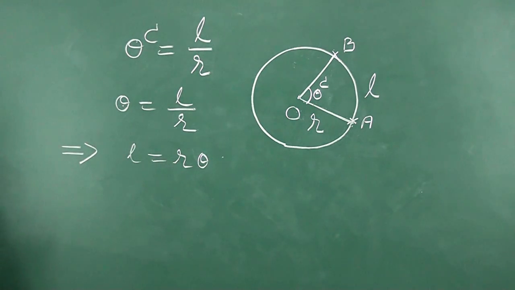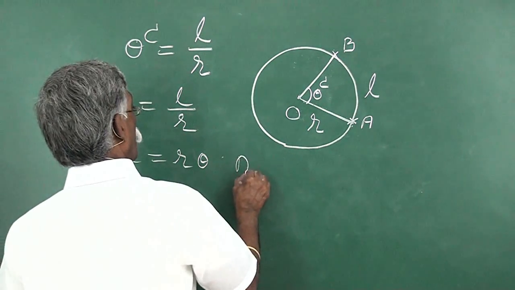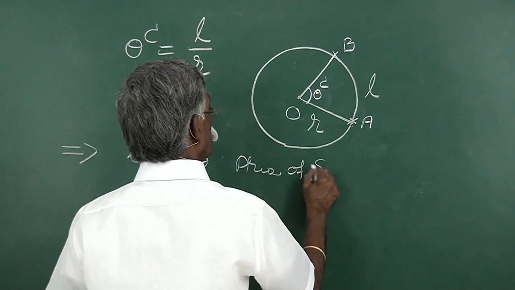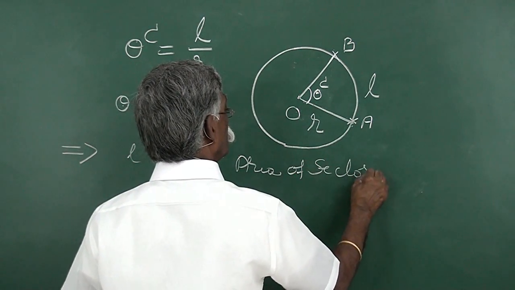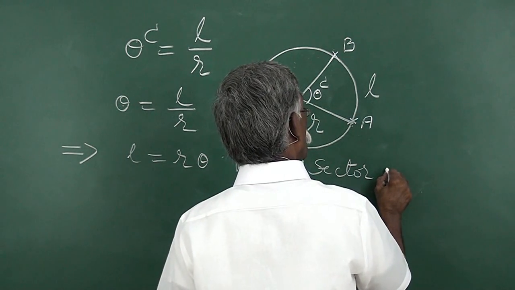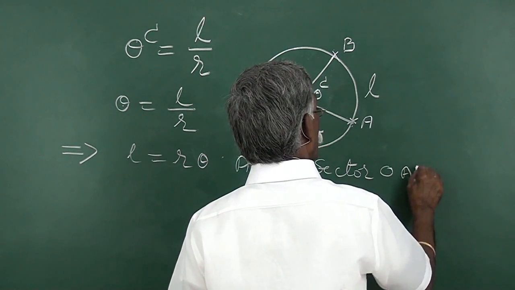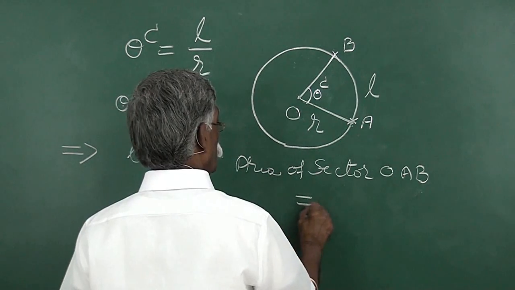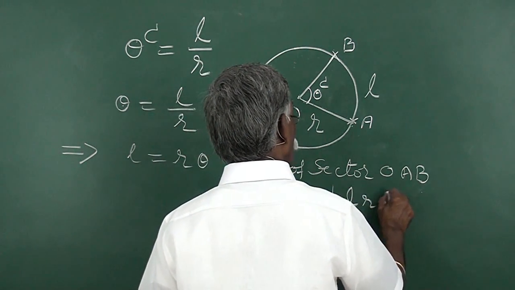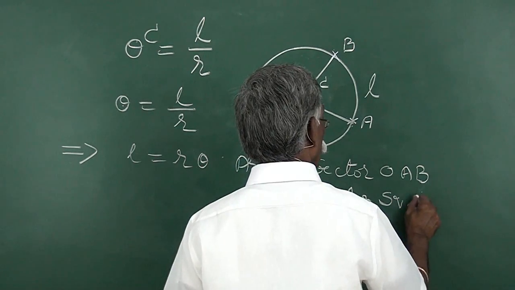Further, we have to remember one more point about the area of sector OAB. Area of sector OAB is equal to half L R square units.